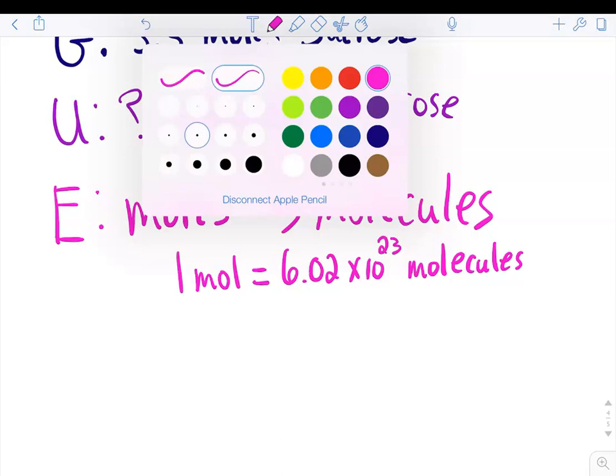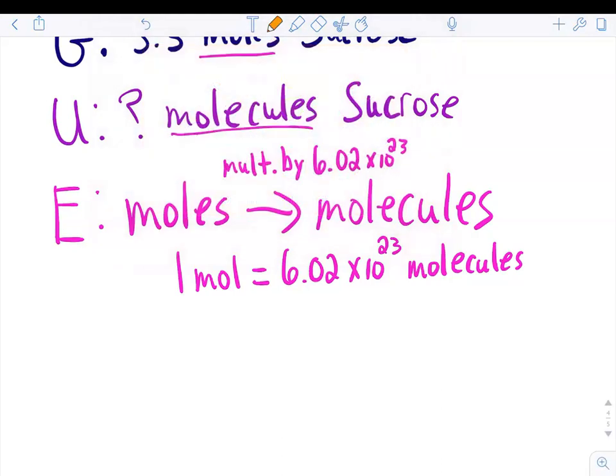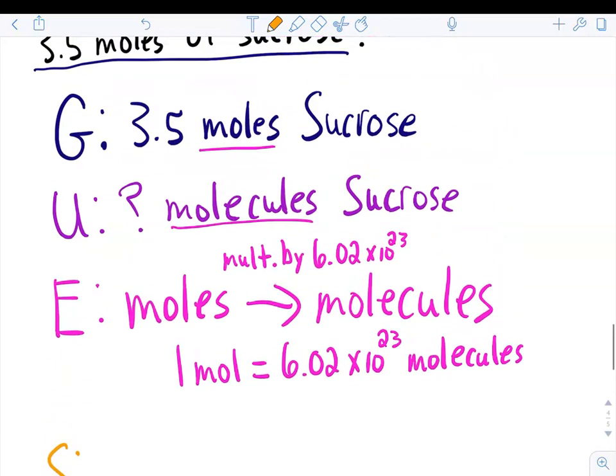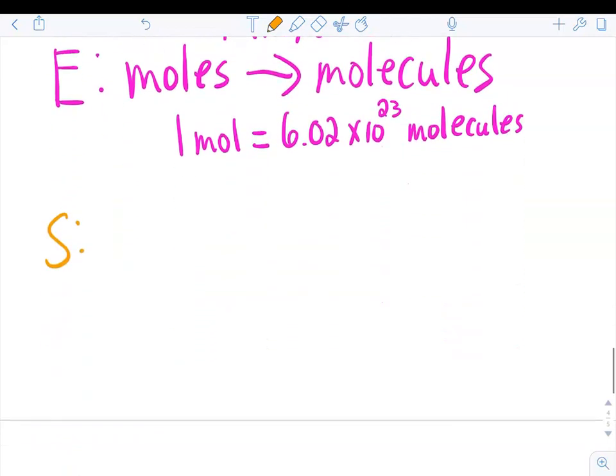Then we're ready to do the actual setup. Whenever I go to set this up, I always start with my given, which in this case is 3.5 moles of sucrose.